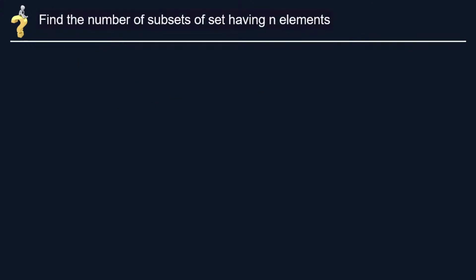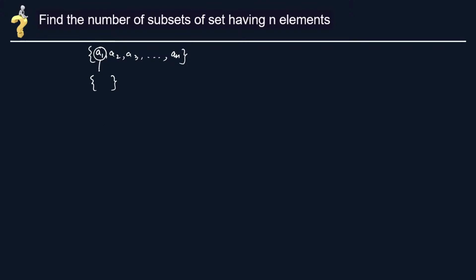Say this question. Find the number of subsets of a set having n elements. A set has n elements, let us say A1, A2, A3, and this goes on. There are n elements. Now the question is how many subsets you can form from these n elements. To form a subset, if I consider the first element, you have 2 choices.